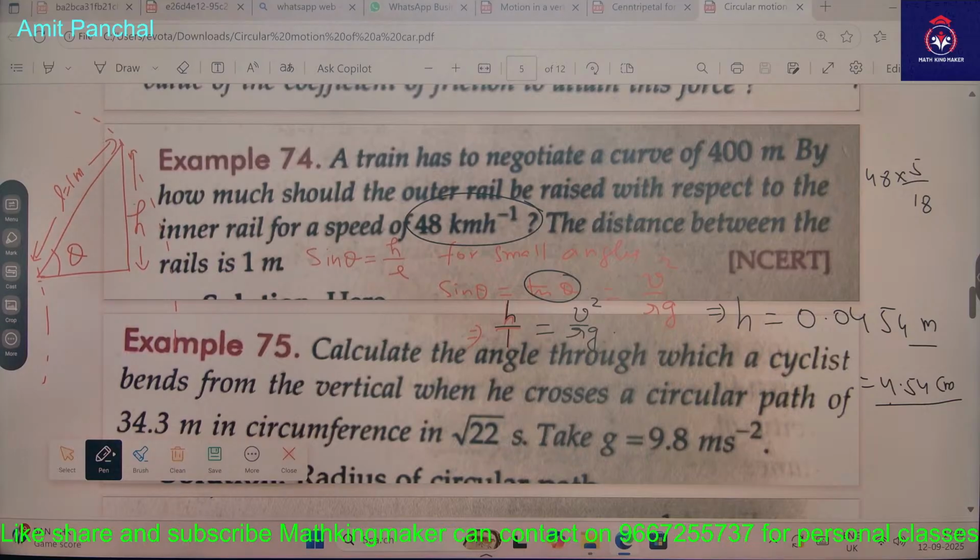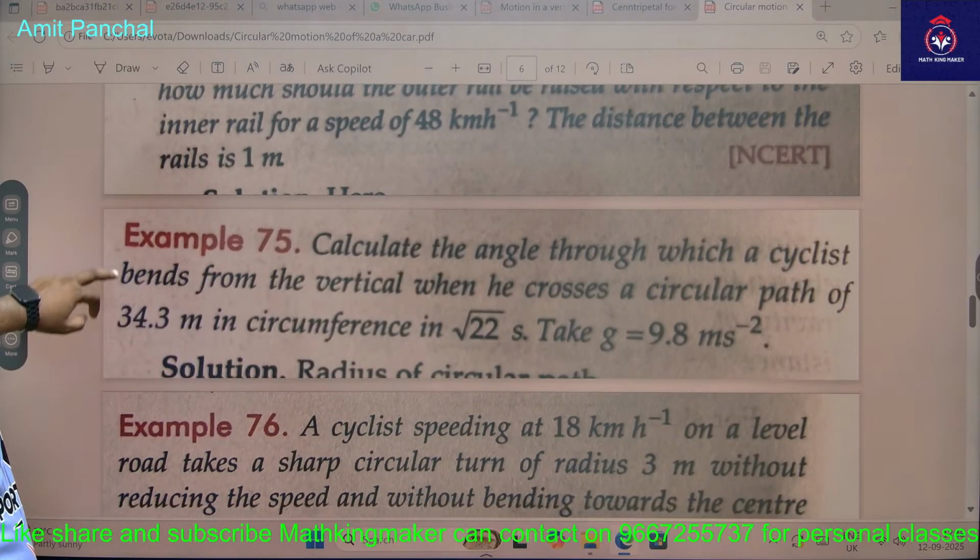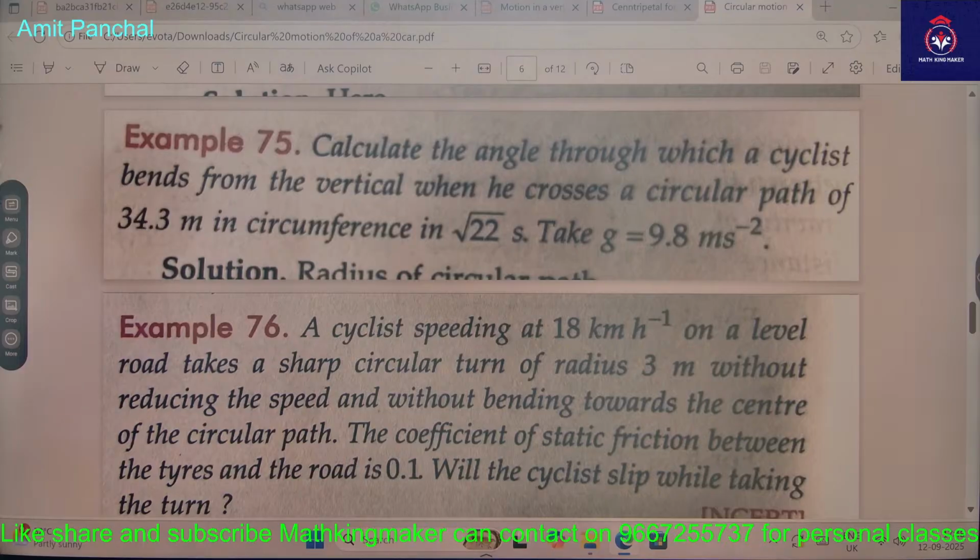Now try to do the 75th. Wasn't that easy? Questions look easy if you try to solve them. If you try putting in formulas and drawing the diagram, then it starts to become easy.